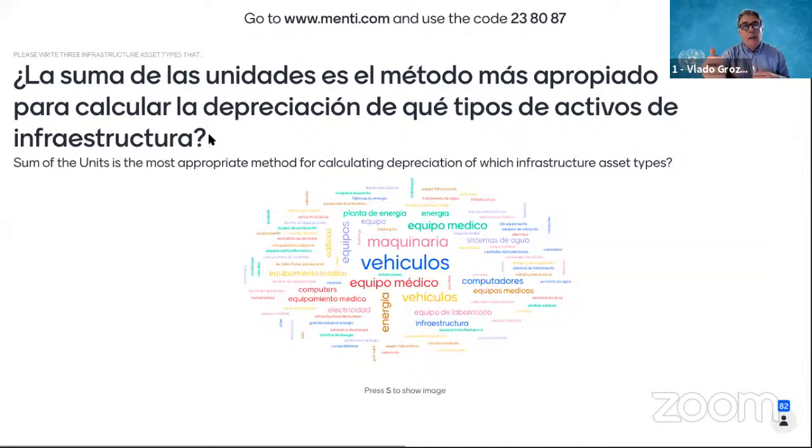It has been built and hasn't been used yet, because there are no buildings constructed, only the road infrastructure. But still we can use the depreciation method, and units of production will be adequate.